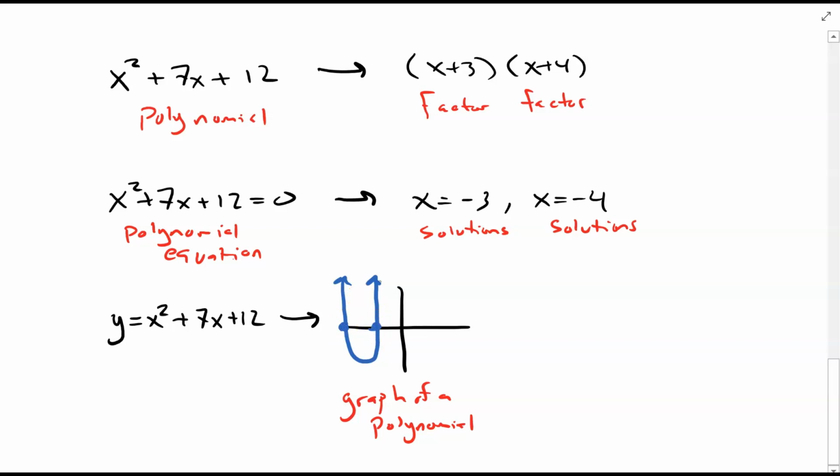What's special about those 2 points? They're crossing the x-axis, so we call them x-intercepts. Guess what these 2 x-intercepts are going to be? It's -4, 0 and -3, 0.